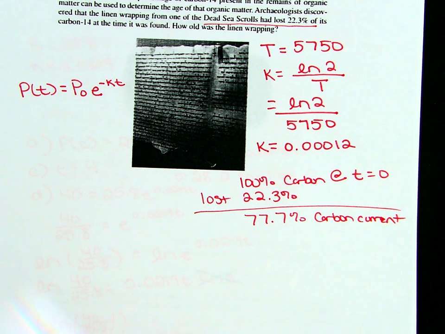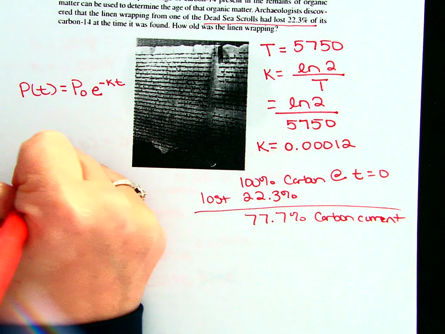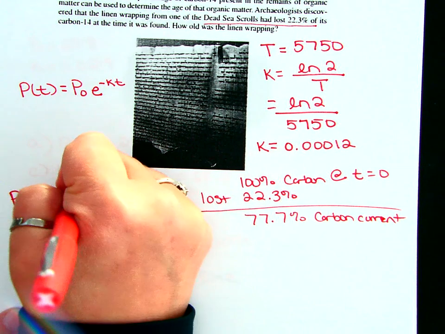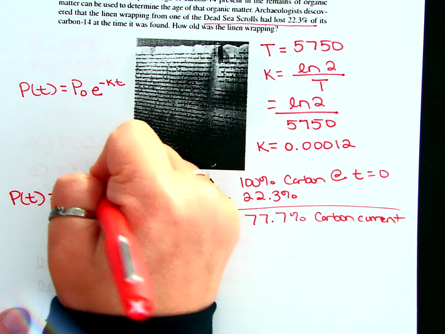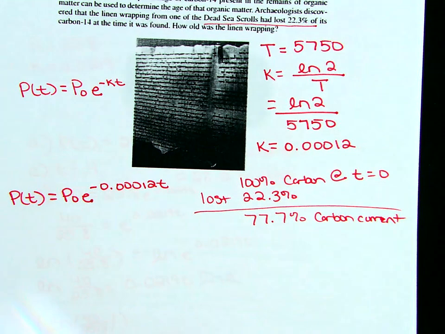So here's how this is going to look. We had P of T equals P of 0 times e to the negative 0.00012 T. This is our general function for this. But the problem becomes that we don't know the original P0.